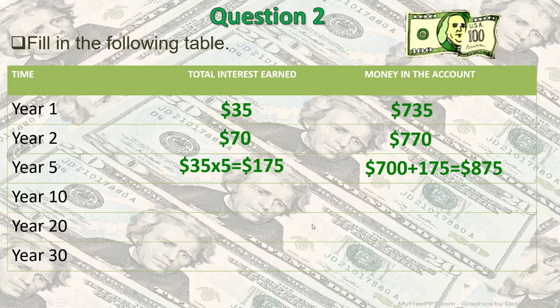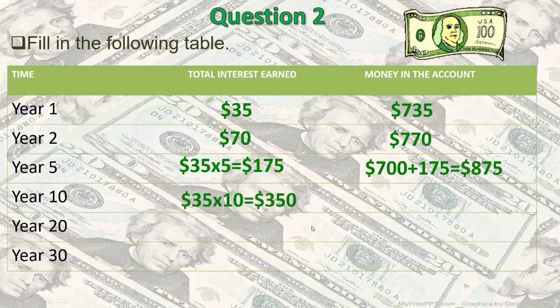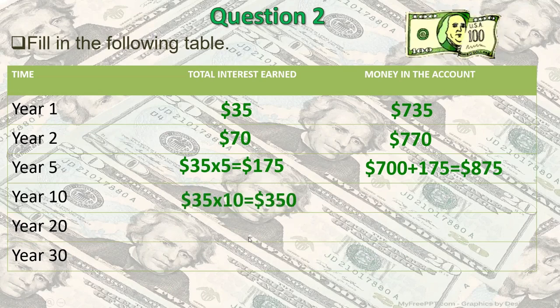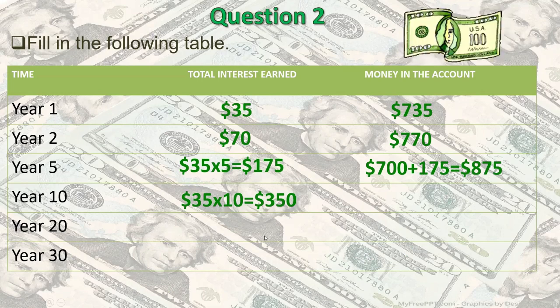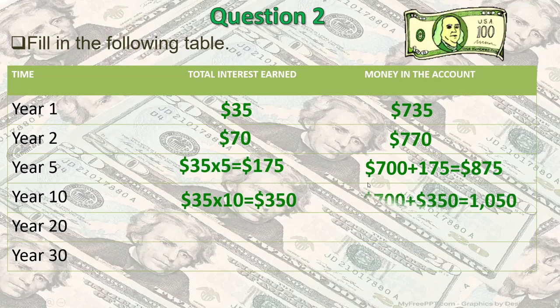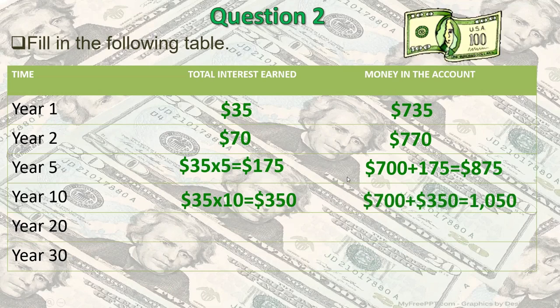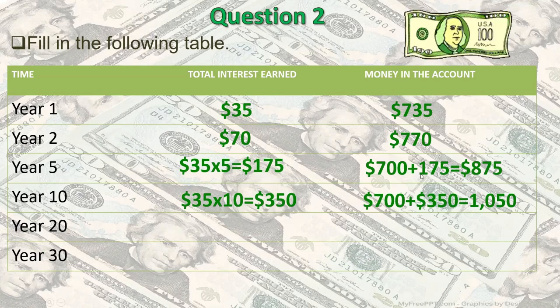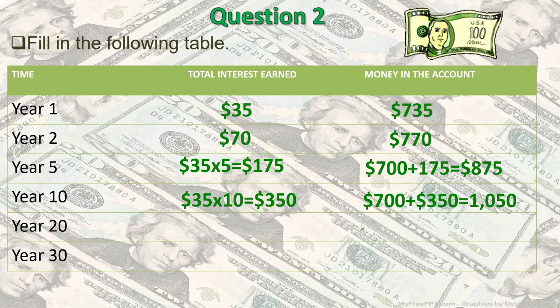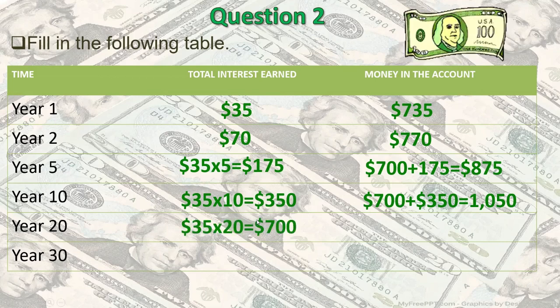Let's do the same thing for 10 years. $35 times 10 for the 10 years is $350. So we have our $700. We now add $350 to get $1,050.